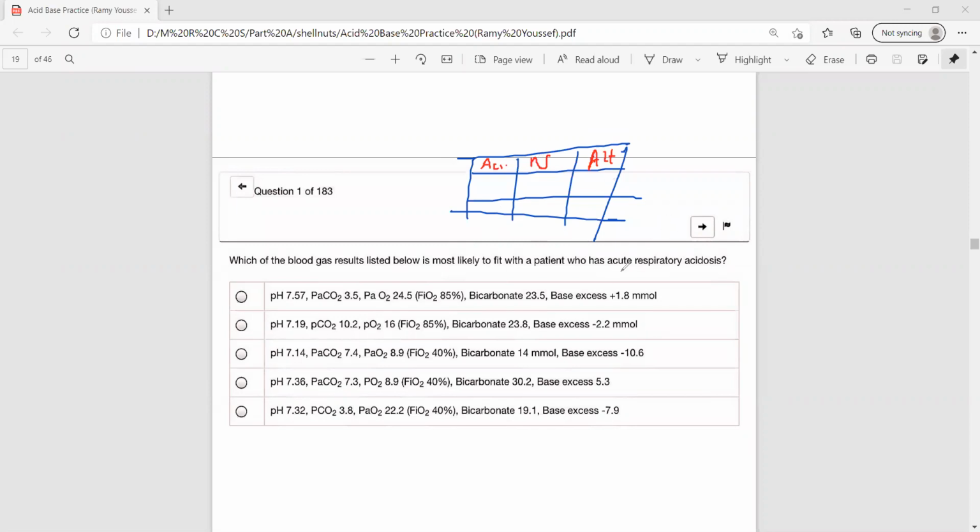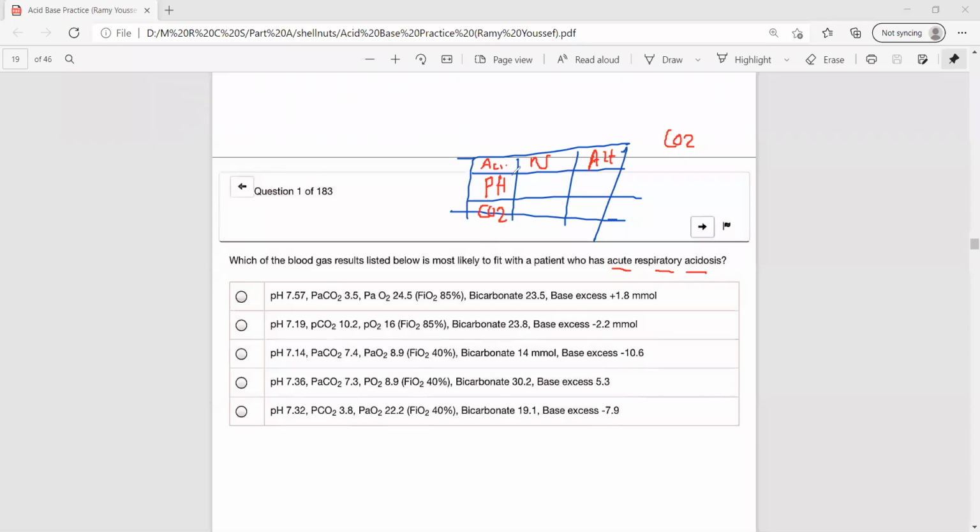Okay, pH. What do you expect in a patient with acute respiratory acidosis? Acid, so you expect the pH to be here. Where do you expect the CO2 to be? In acid, you expect the CO2 to be here.